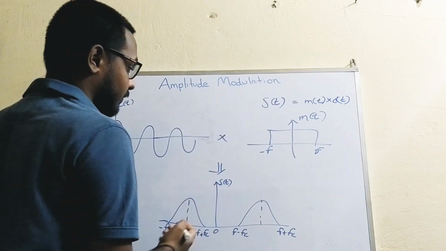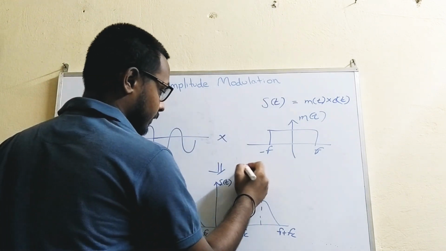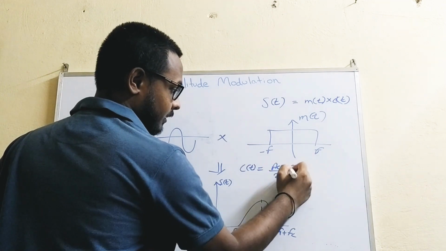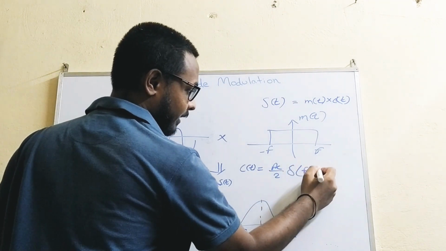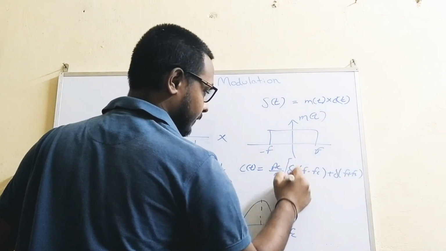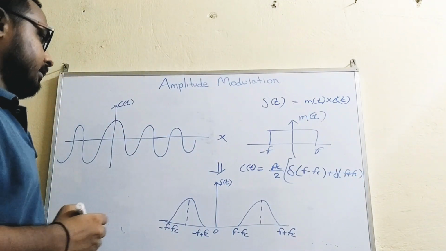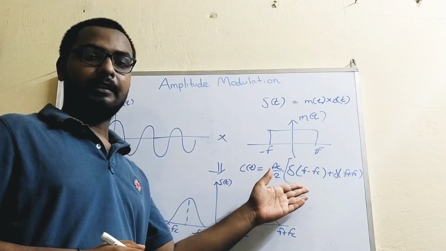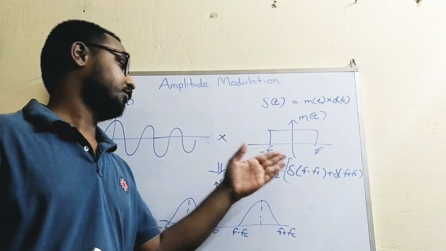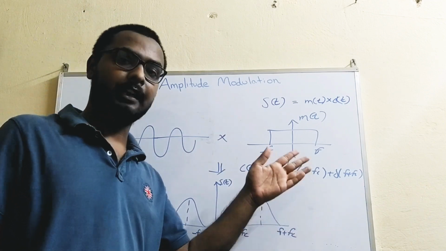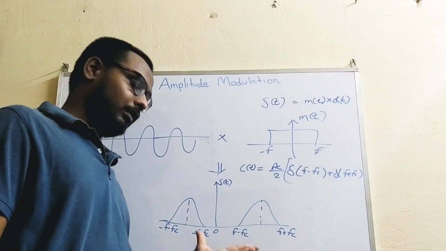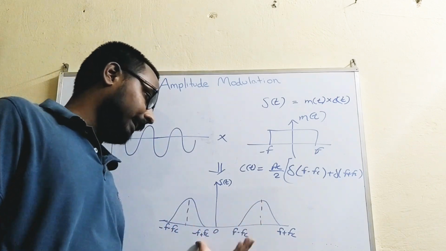As we know, the Fourier transform of c(t) is Ac by 2 into delta of f minus fc plus delta of f plus fc. We all know that it is the transform that converts the time domain representation into the frequency domain representation, and with its help, the spectrum analysis of our resulting signal is like this.